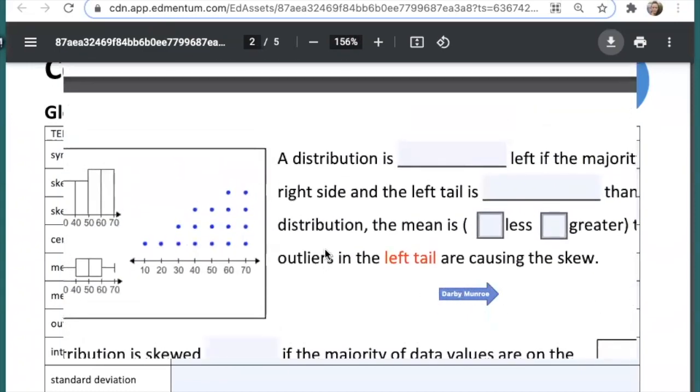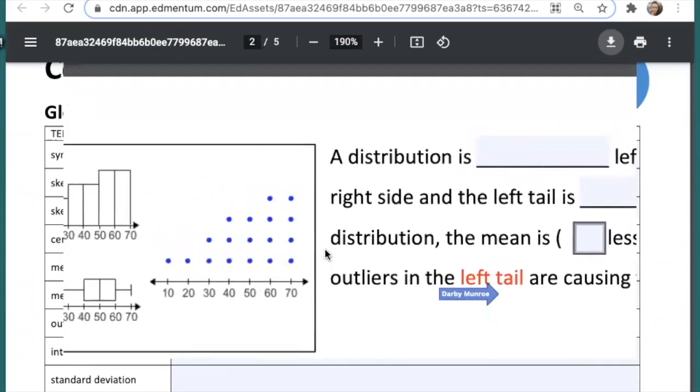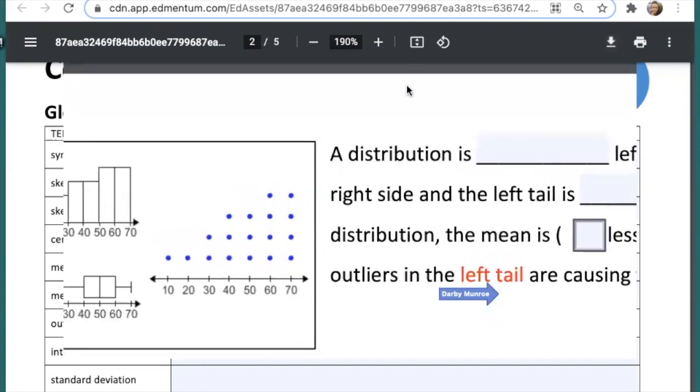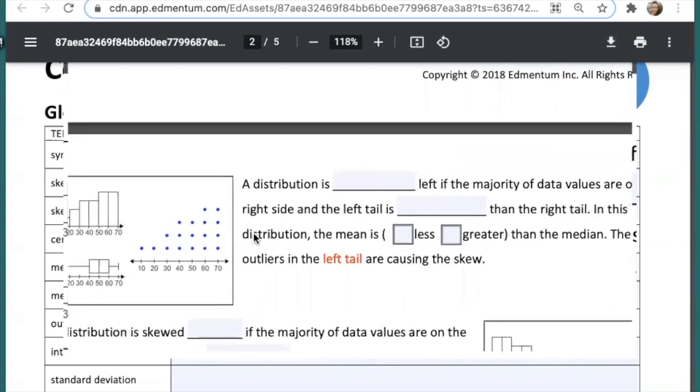So here we have 3 graph formats: a histogram, a dot plot, and a box and whisker plot, showing the same data, and it's asking if it's skewed left or right.